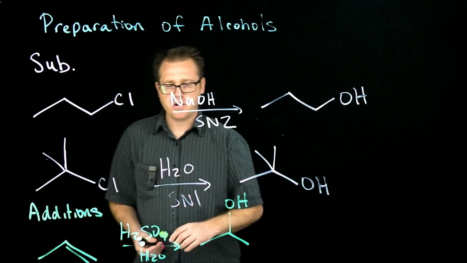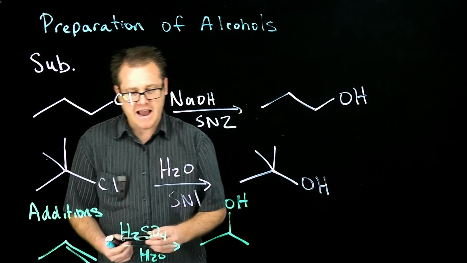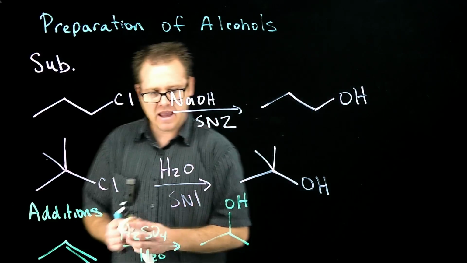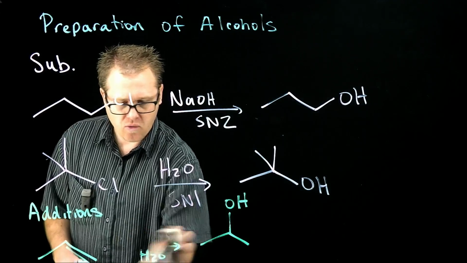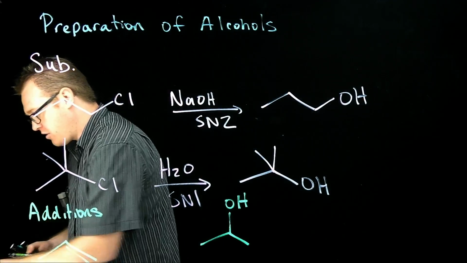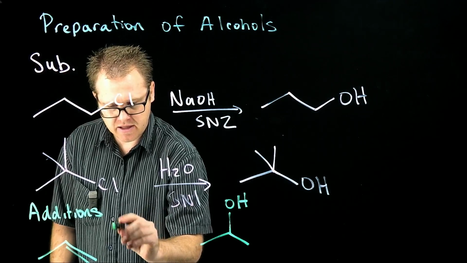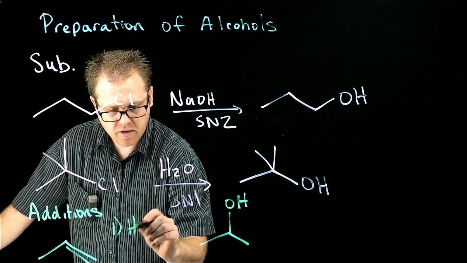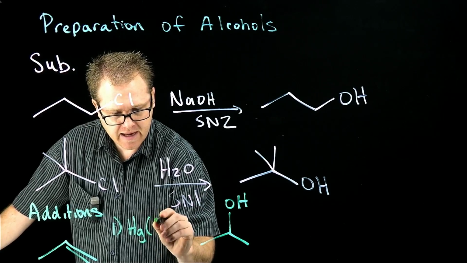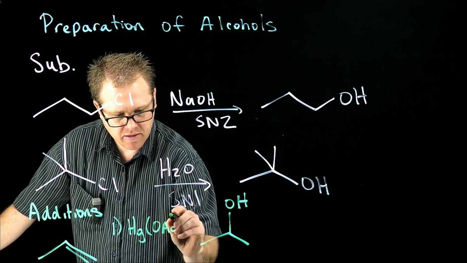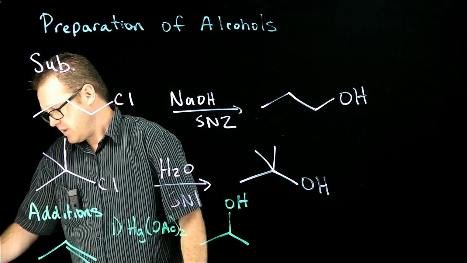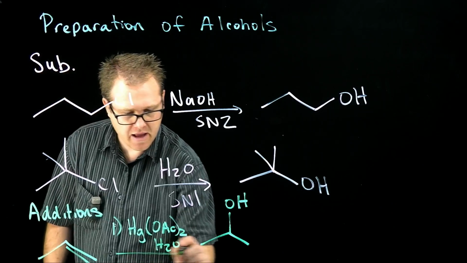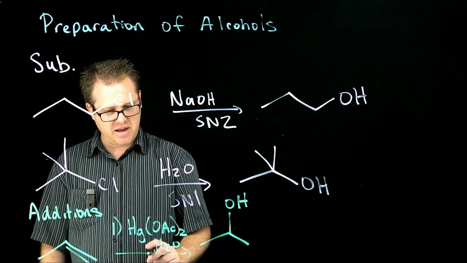What are some other addition reactions that we have learned that could give us an alcohol? What about the oxymercuration reaction? And that is done in 2 steps, where you take the mercury diacetate piece, and you have that in some water, and then you do step 2, and it might get blocked off.